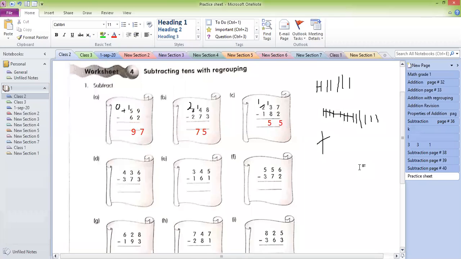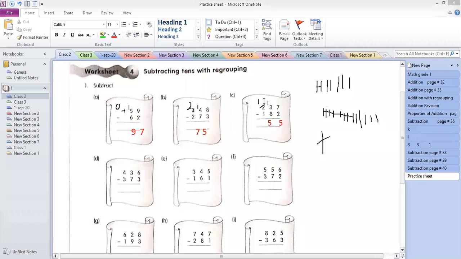Okay, guys. So again, I'm repeating how you have to do it. You have to check whether you can subtract or not. 7 minus 2 is easy, so you draw 7 lines, you cut 2 lines, and the answer is 5. But 8 cannot be subtracted from 3, because if you draw 3 lines, you cannot cut 8 lines from 3.